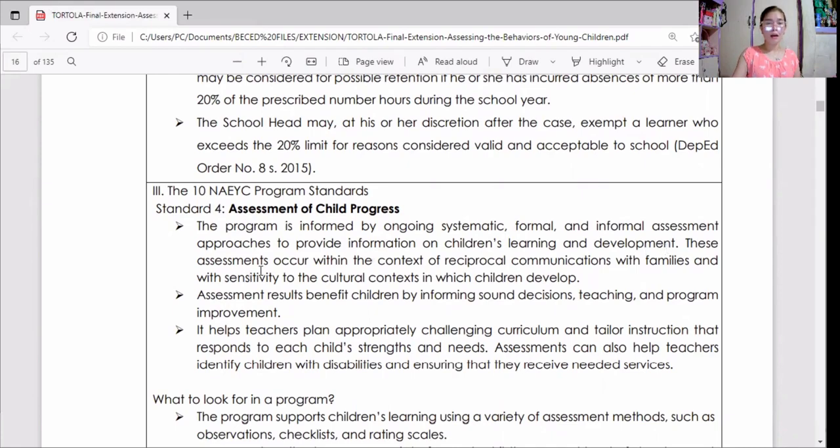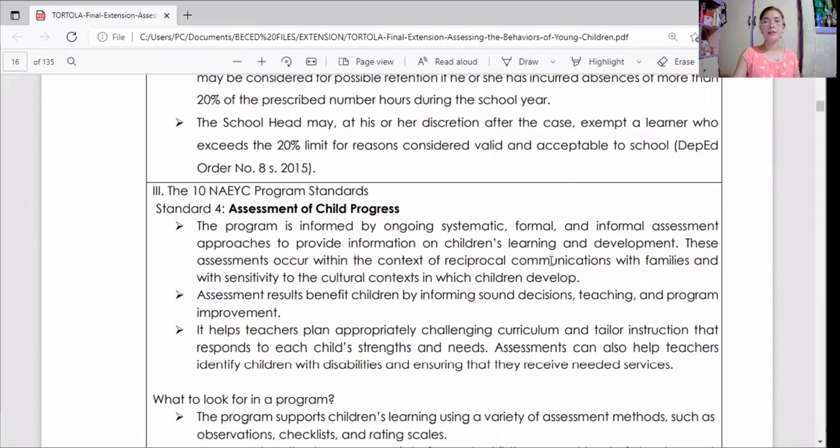These assessments occur within the context of reciprocal communication with the families, with sensitivity to the cultural context in which children develop. So, when we conduct our assessment, we also have to consider their culture.